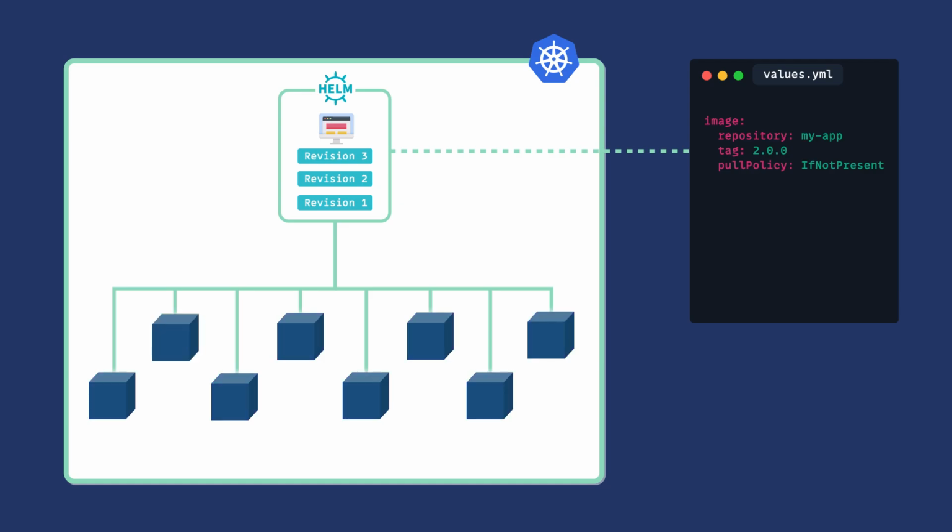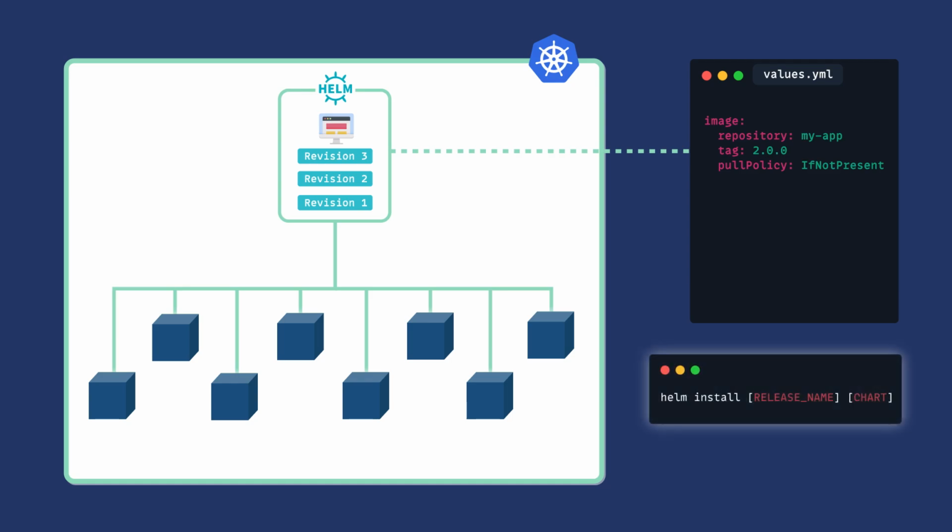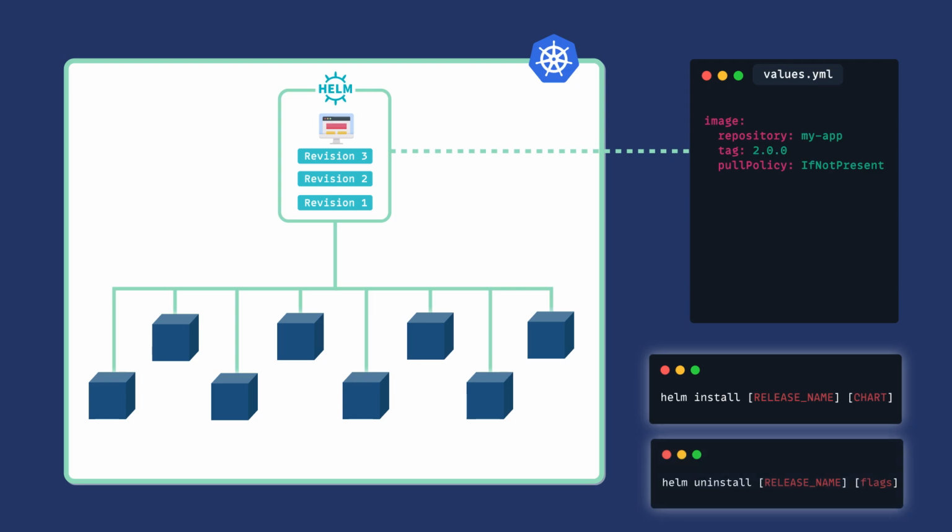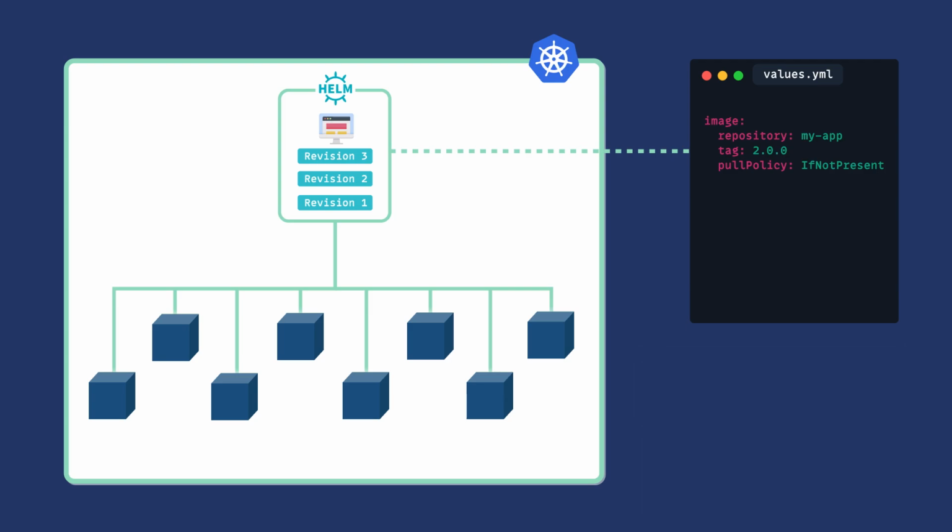Thus, Helm provides us with so many features to treat our application as an application in Kubernetes and to install and uninstall it using a single command without worrying about how many objects are involved. And at the same time, it provides us a central place, namely the values.yaml file, so we can update things in our application. So this was a basic introduction to Helm.